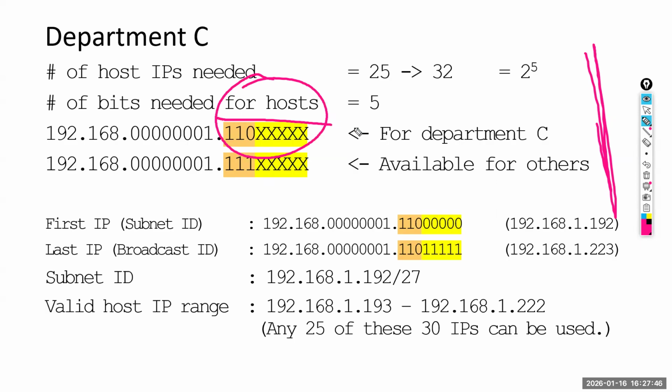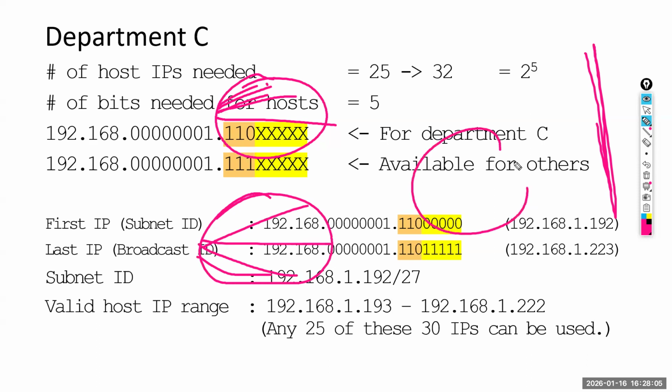You break it into two, and this one you can break into another two parts, or maybe into 4 parts. It depends on how many bits you borrow. Sometimes you can break it into 8 subnetworks, or just 2 here, and this one into 4. So a lot of flexibility is there.